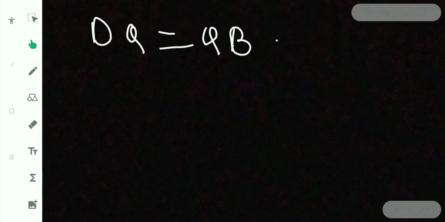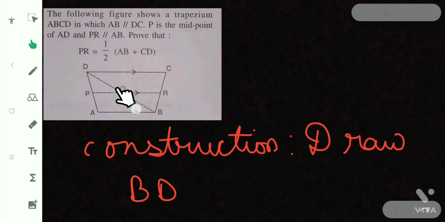So when this is proved, Q is proved to be the midpoint, we can apply the midpoint theorem. This trick I have already said in the previous video. Once we have proved the converse of midpoint theorem, we can also apply the midpoint theorem over there. So what is midpoint theorem? A line joining these two midpoints will be parallel to this line, so it is also already parallel to this line, and equal to half of it.